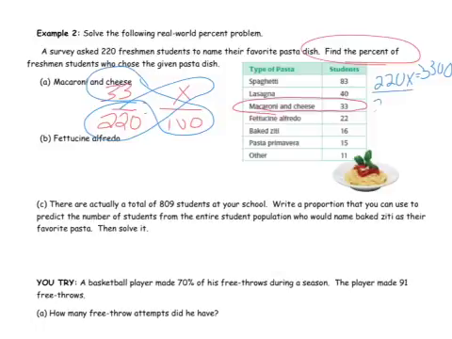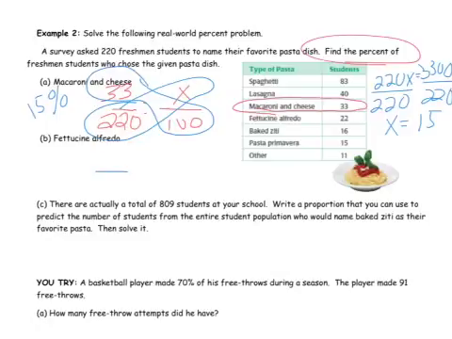And then divide each side by 220. Okay, so 3,300 divided by 220 equals 15. So what does that mean? That means 15% like mac and cheese.